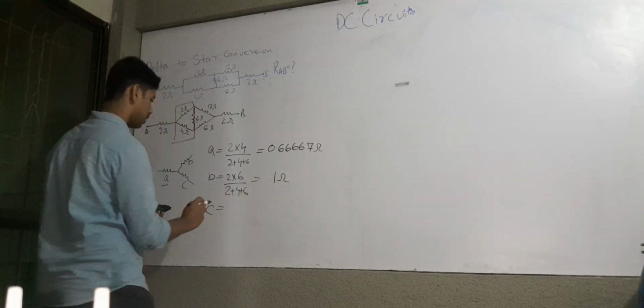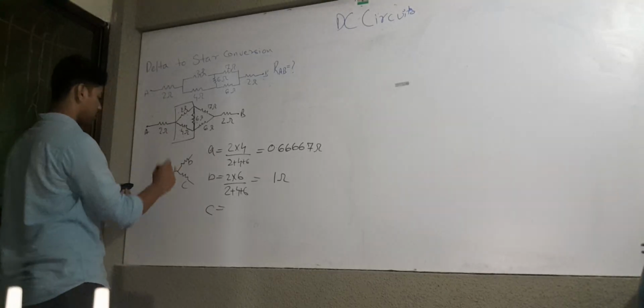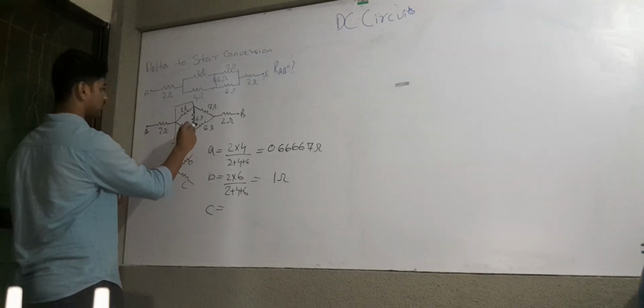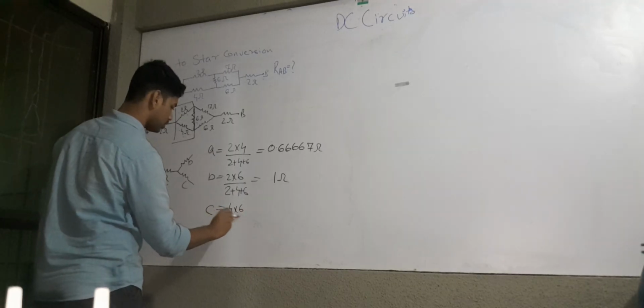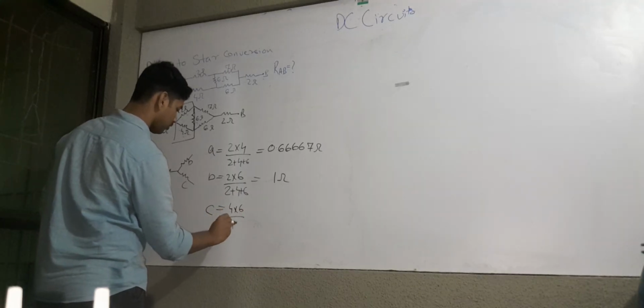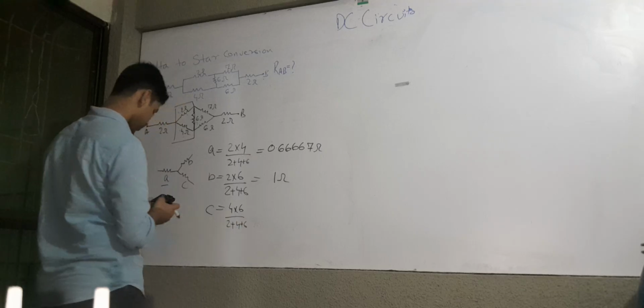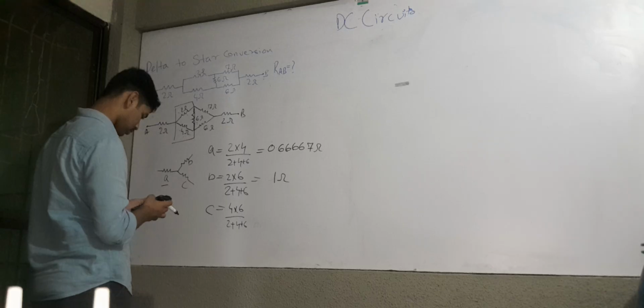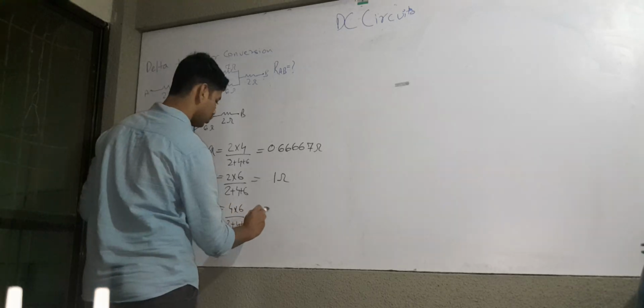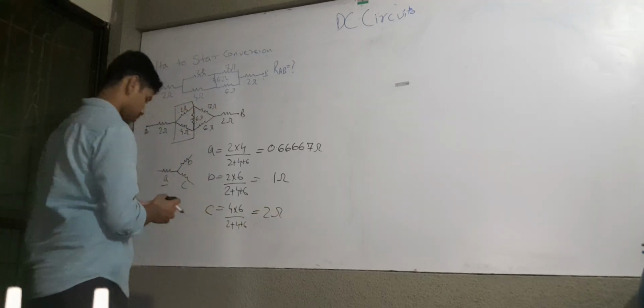And C right here is the multiplication of these two divided by the total, 4 times 6 divided by 12, which would be equal to 2 ohms. Okay.